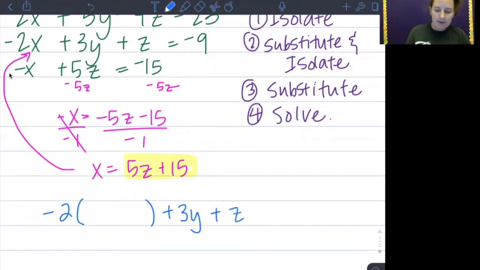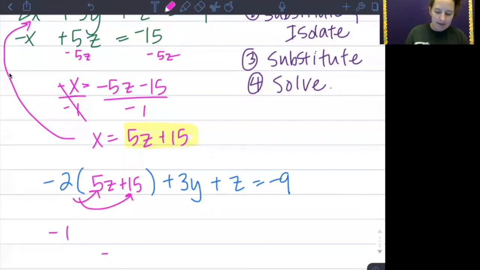And in our parentheses, we're going to fill in this 5z plus 15. So we're going to need to use a little bit of distribution to distribute this -2. Becomes -10z minus 30 plus 3y plus z equals -9.